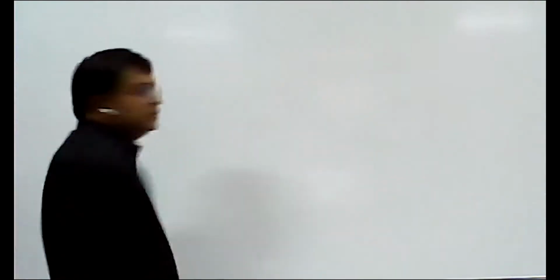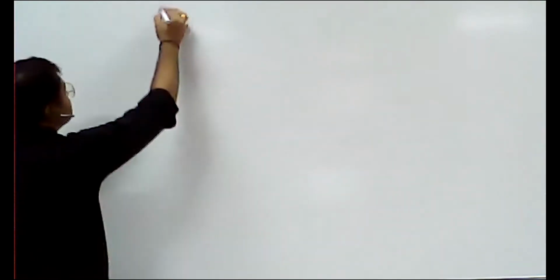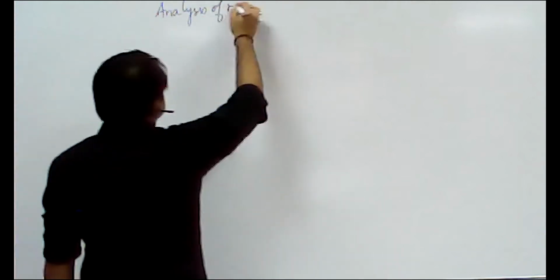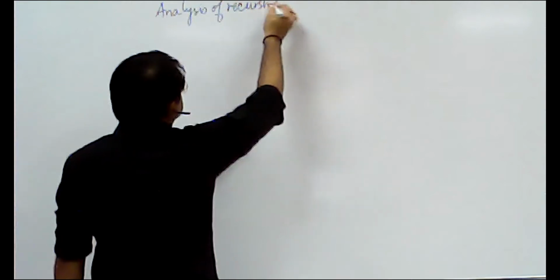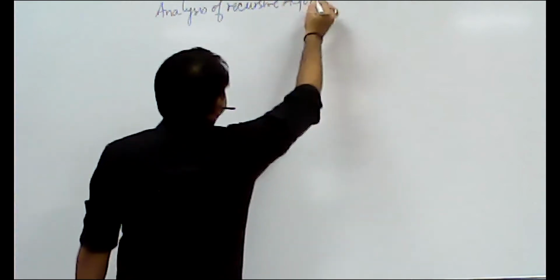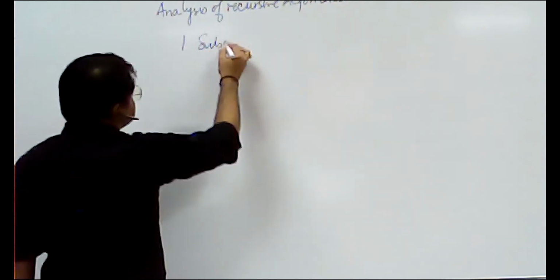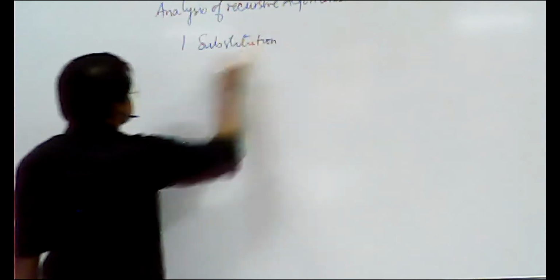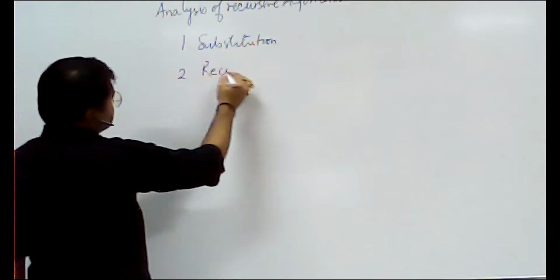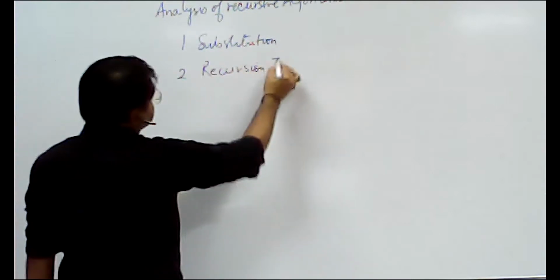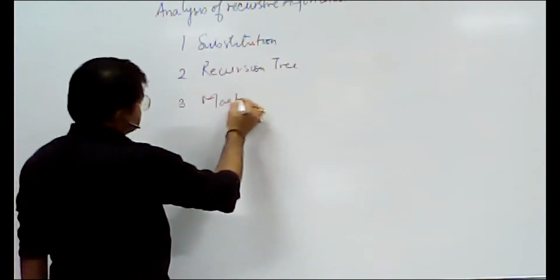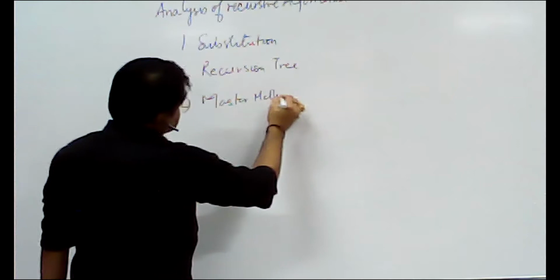Now there are 3 methods. First is called substitution. Second is recursion tree method. And third is master method.